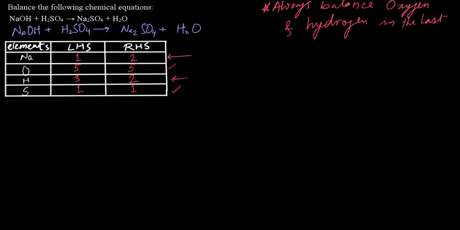So if we leave hydrogen for last, we are left with sodium. So we will try to balance sodium. If we want to increase sodium by multiplying by 2 on the LHS, it will be equal to the RHS.